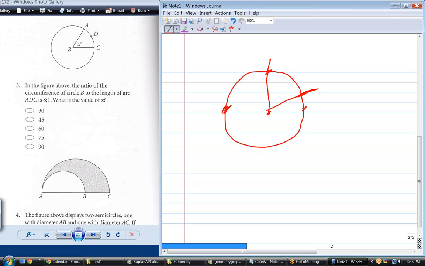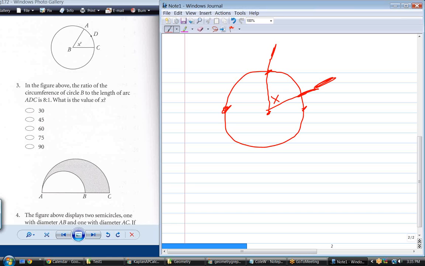Hold on, let me make sure I read that right. The ratio of the circumference of circle B to the length of arc ADC, which is this tiny arc, is 8:1. So let's figure out what this angle is.